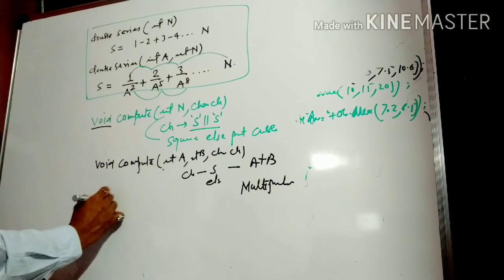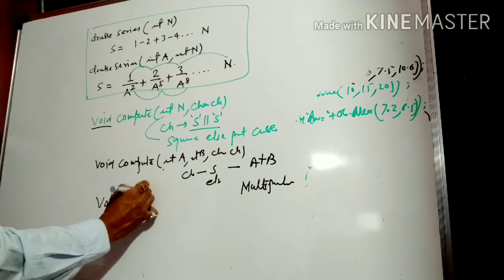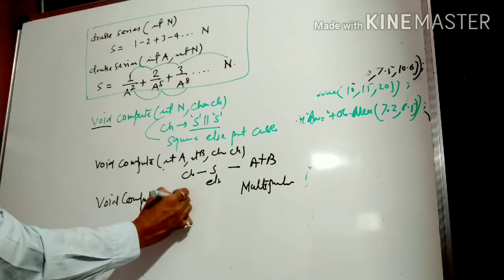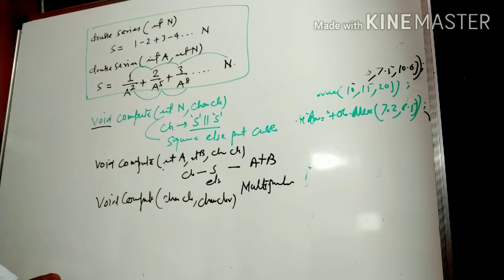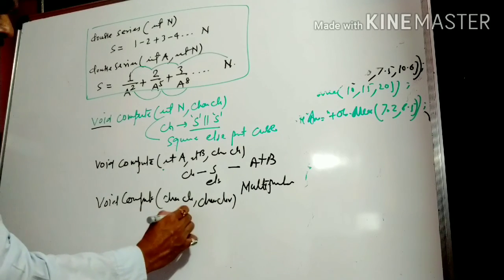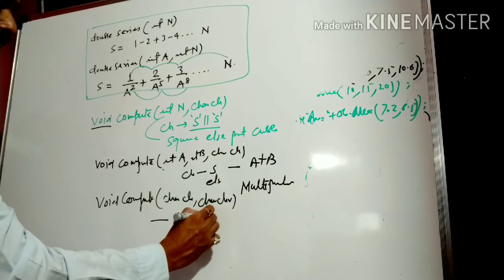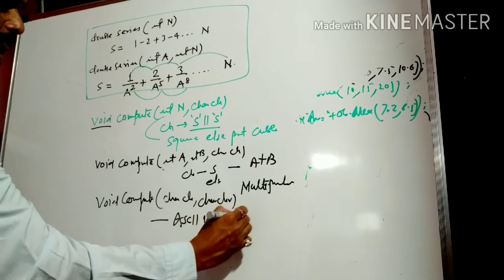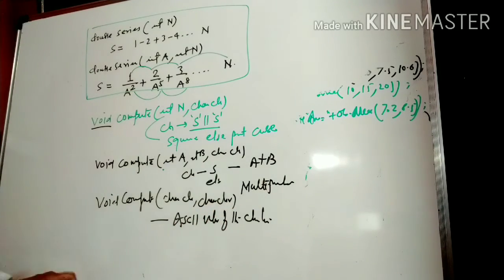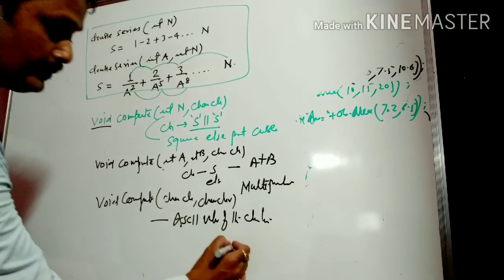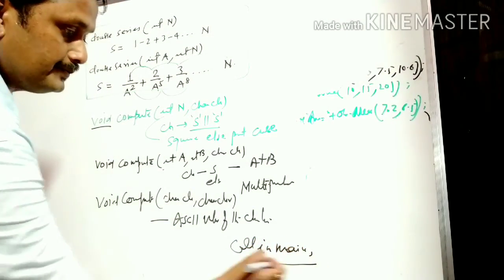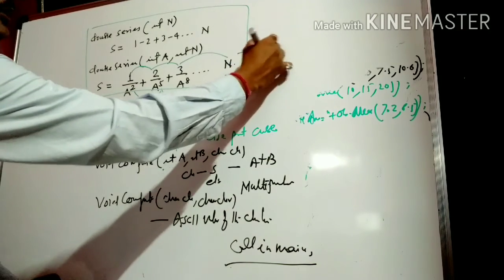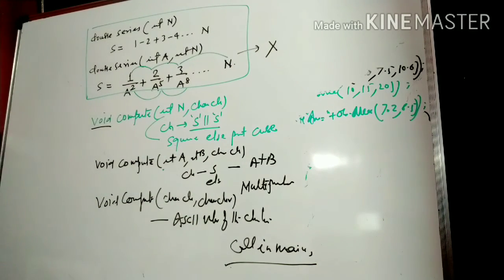Number 3, here is a void compute with two parameters, char ch and char chr, and here you have to print the ASCII value of both the characters, and then call in main. Here the calling part is not needed, but in the second question the calling part is needed.